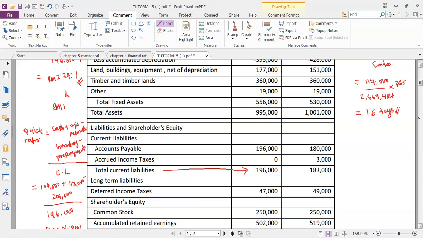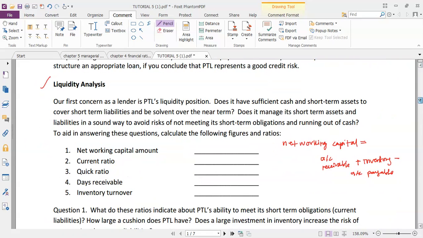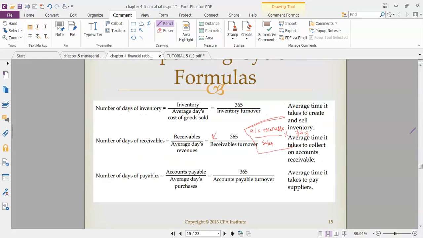So let's look at inventory turnover. What is the formula for inventory turnover? Please use the simple formula: cost of sales divided by average inventory.